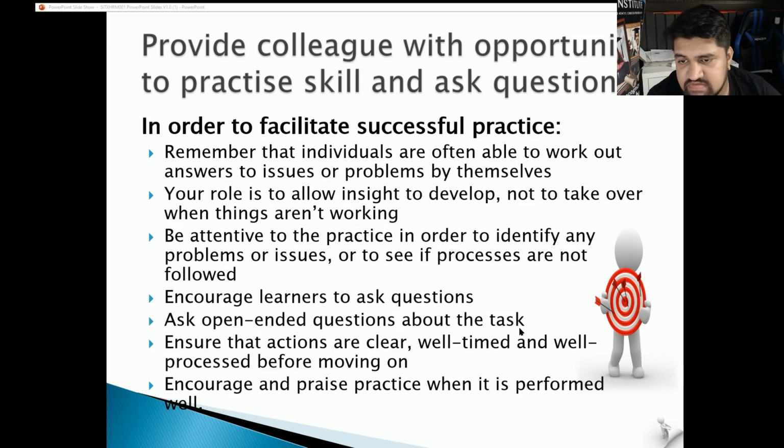Be attentive to the practice in order to identify any problems or issues, or to see if processes are not followed. Encourage learners to ask questions. Ask open-ended questions about the task. Ensure that actions are clear, well-timed, and well-processed before moving on. And encourage and praise practice when it is performed well.